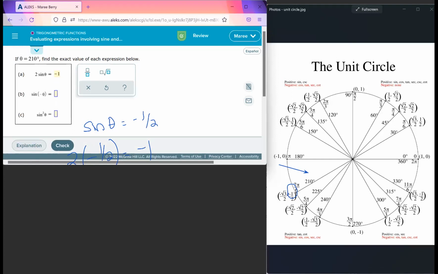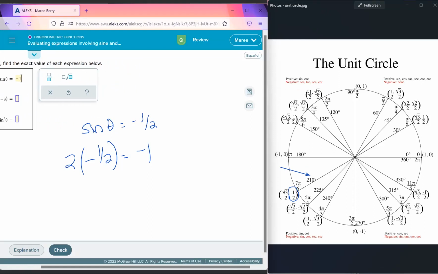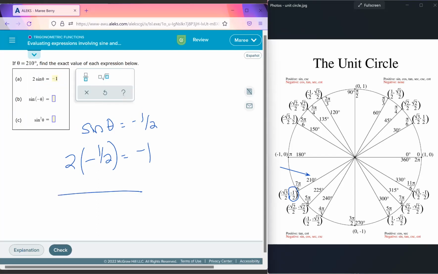Okay, and then it says we want the sine of negative theta. So we want the sine of negative 210 degrees. That means we're going to start at the positive x-axis and we're going to go to negative 210 degrees, which is now going to be at 5 pi 6.